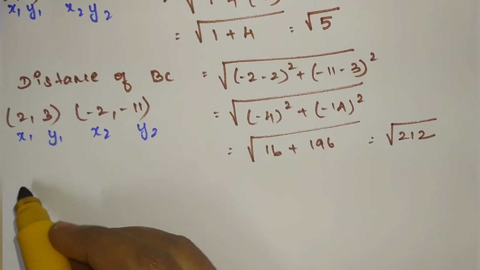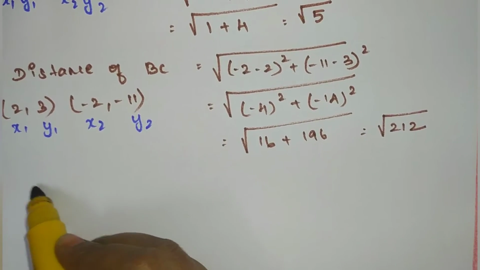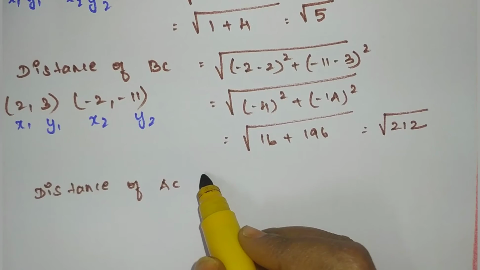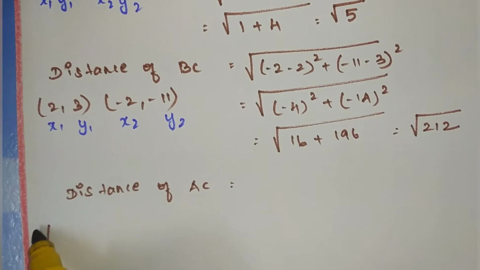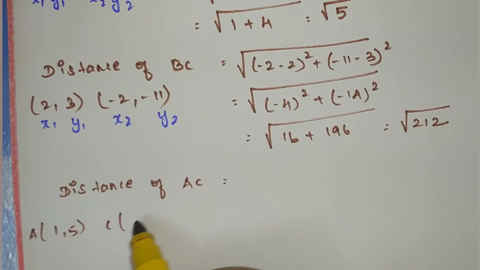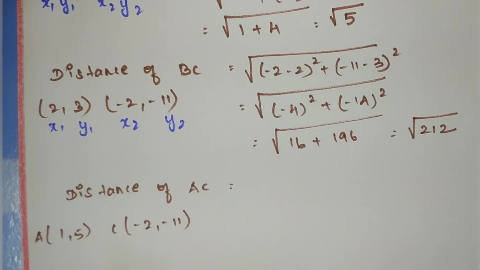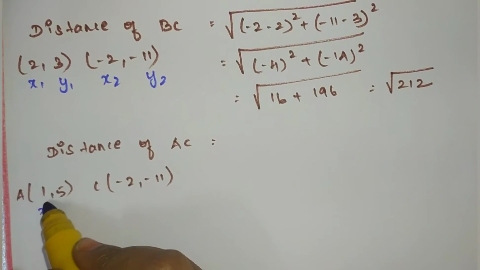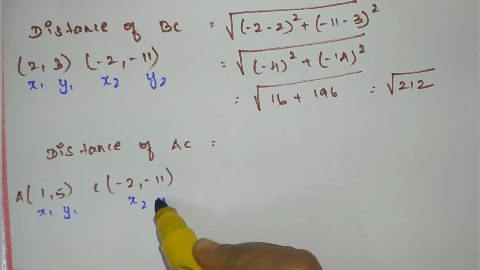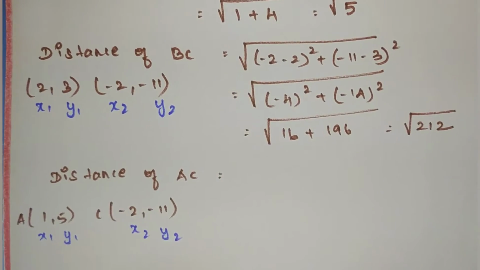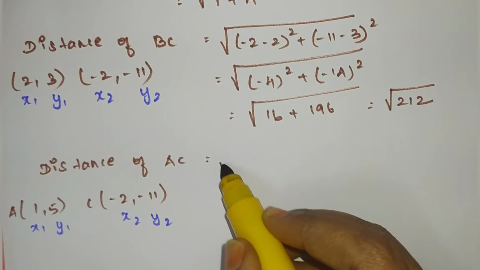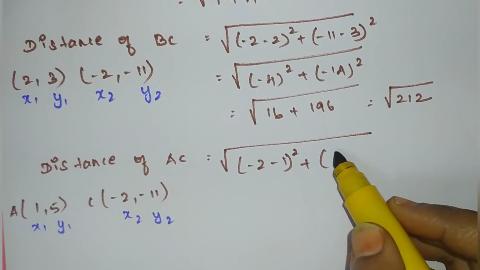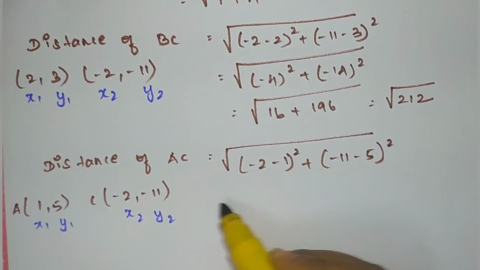And then what do you have to find, children? The distance of AC. Write the points first. A is (1, 5) and C is (-2, -11). So next write which one is x1, y1, x2, y2, and then root of (-2 minus 1) the whole square plus (-11 minus 5) the whole square.